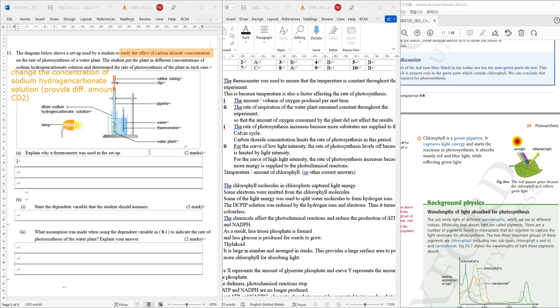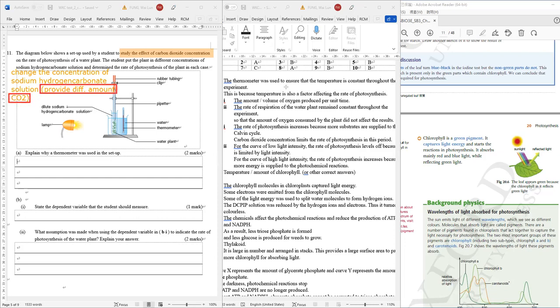You get what I mean? So we only want to change one factor. The only factor that I want to change is the amount of CO2 available.